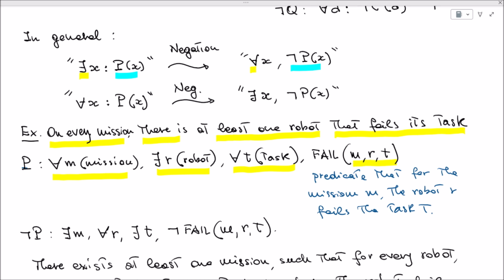By just inverting the quantifiers we got that there exists at least one mission such that for every possible robot there exists at least one task such that the robot is able to execute that task, which is just like saying it is not true that the robot R is failing every task T in the mission M. Good. So I hope you feel now what is the power of these rules.